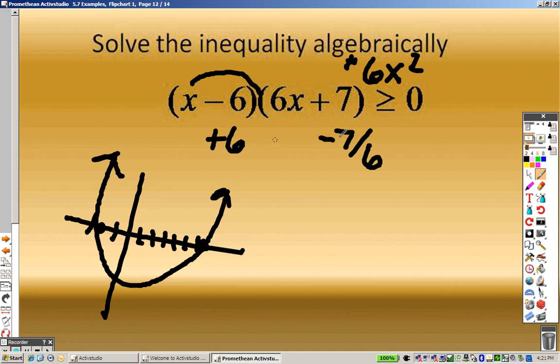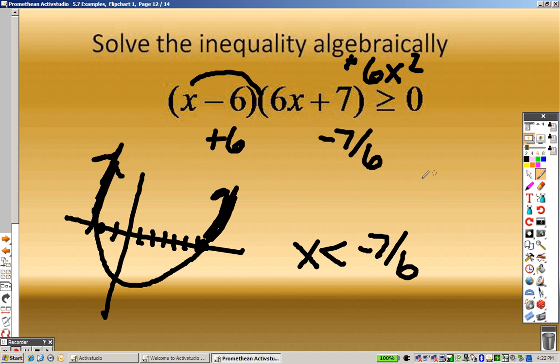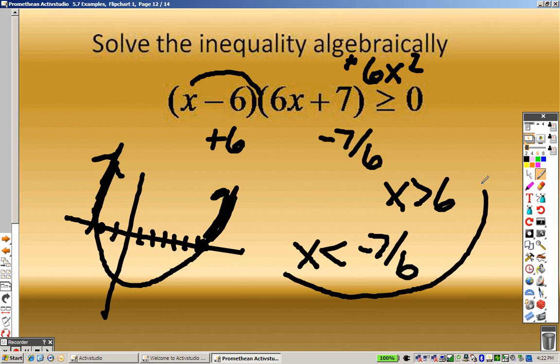So I want everything greater than 0, which is everything higher than it. Meaning I want everything that is less than negative 7/6 and everything that is greater than 6. And there are your two answers.